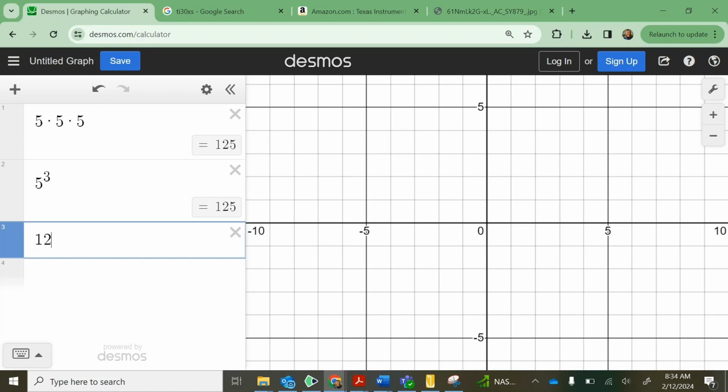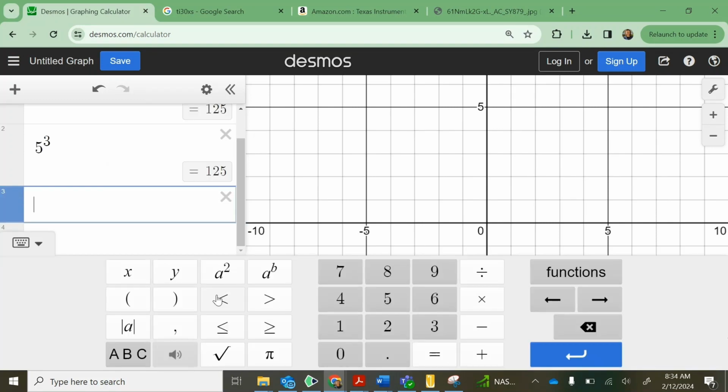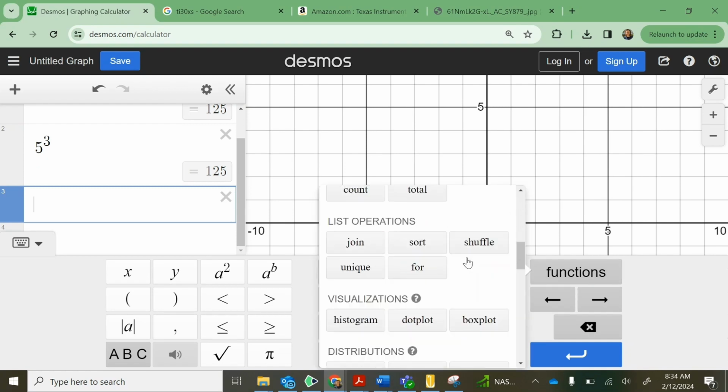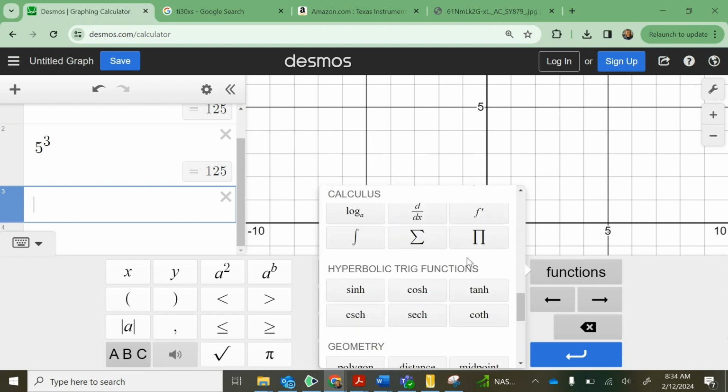Well, to do this, you're going to need to open up the keypad down here. Now the keypad, it has some operations here, numbers here, but over here, this button functions. When you click that, it opens up a long list of all kinds of different functions.